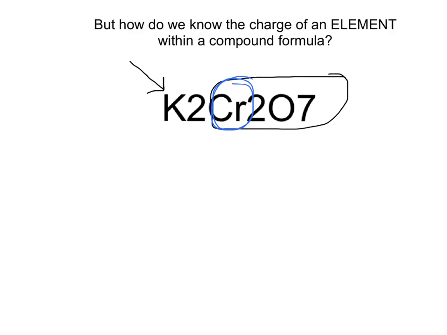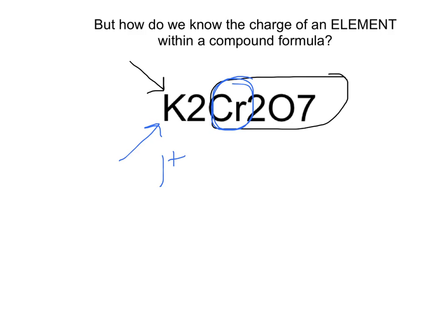So the first thing we know is we have to look at the periodic table and find the ones that are absolute. And this one here, potassium, is going to be one of those that we know for sure. It's a first column element, an alkali metal, and we know that everything in the first column has a +1 charge on it.